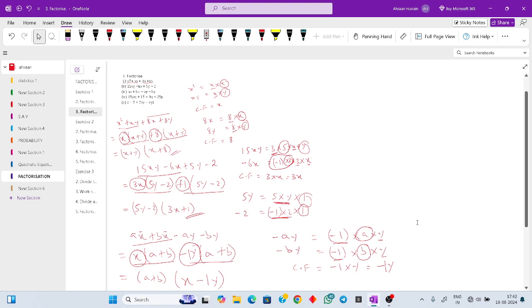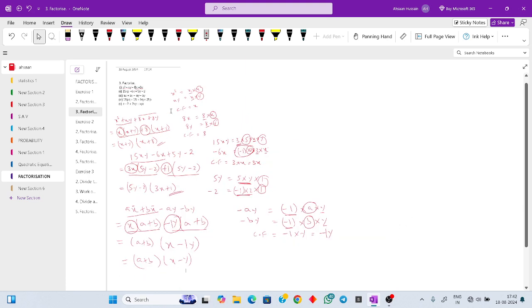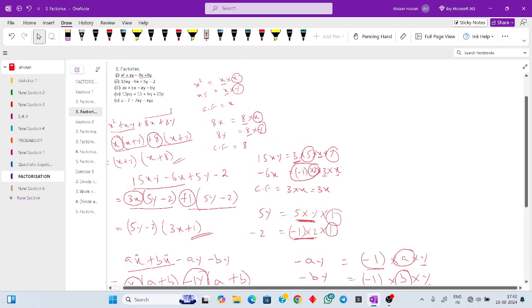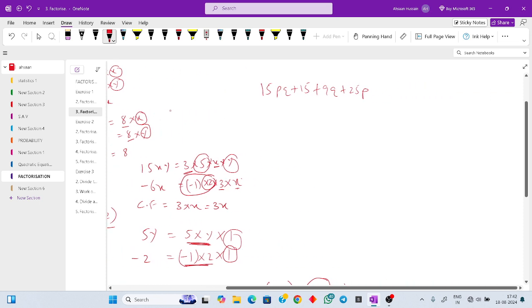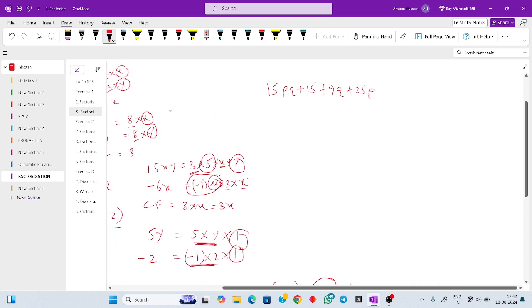The last question is, oh sorry, not the last, second last question. 15pq plus 15 plus 9q plus 25p. So in these two terms, what is common? 15 is common. What is left out here?